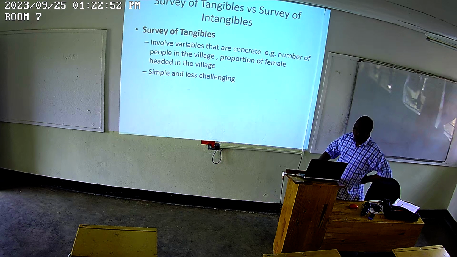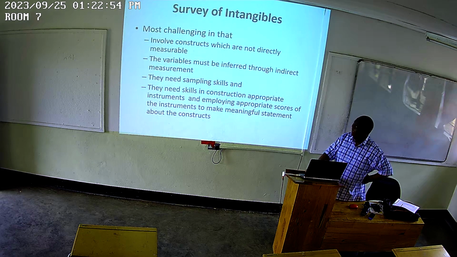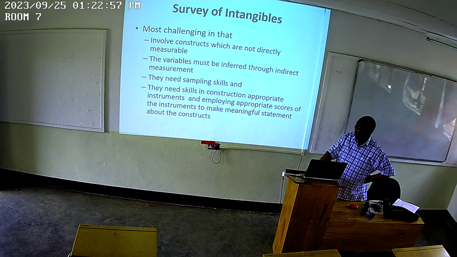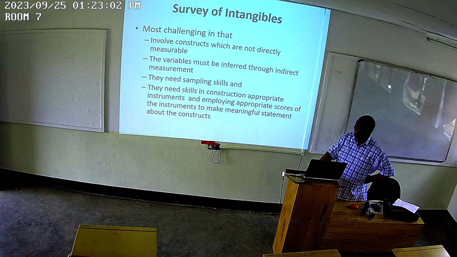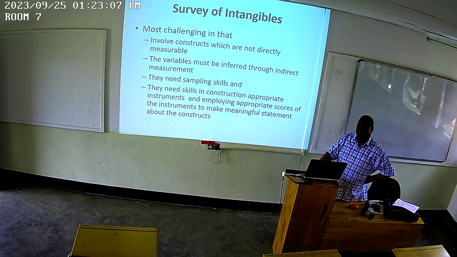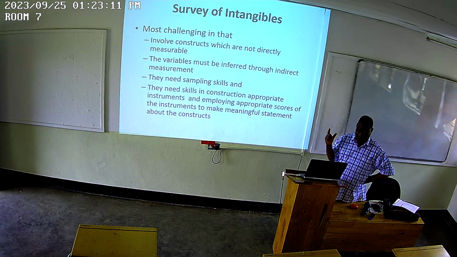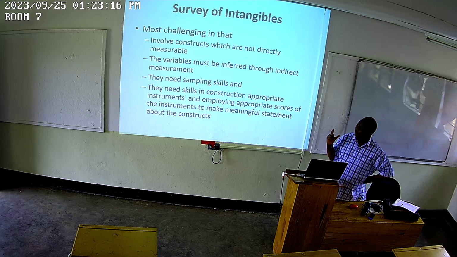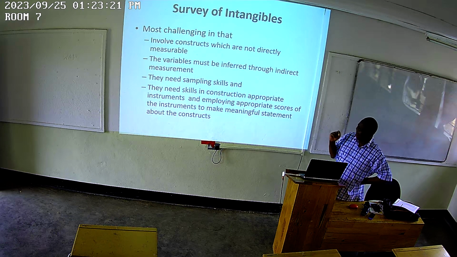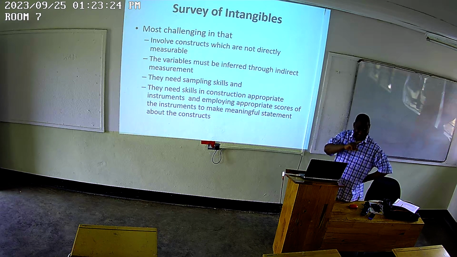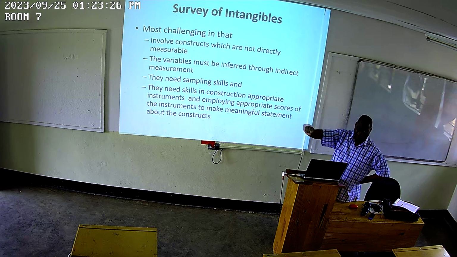But when you are dealing with intangibles, then those become very complicated, and even when you are constructing the sort of tools for measuring such variables, you have to be very careful so that you are not found in a situation where you are measuring something which you think you're measuring when you're measuring something else completely different.